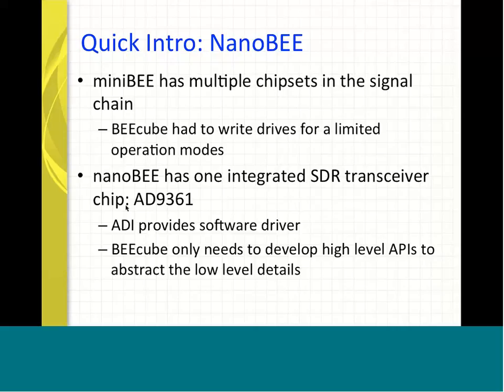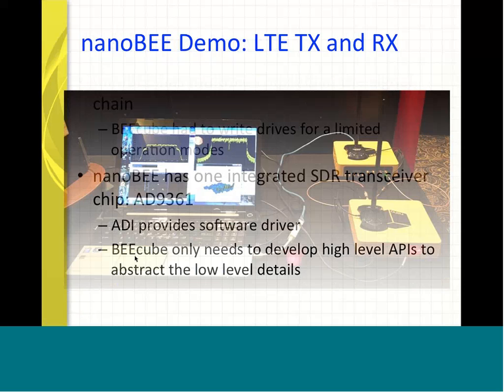They wrote tens of thousands of lines of code, covering most of the modes their SDR transceiver chip operates in. So we only need to develop high-level APIs to abstract the low-level details. That way, we can cover a lot of modes, which definitely increases the flexibility of the SDR application.